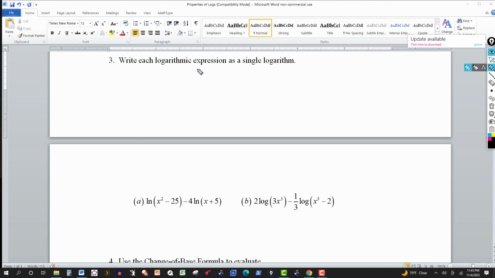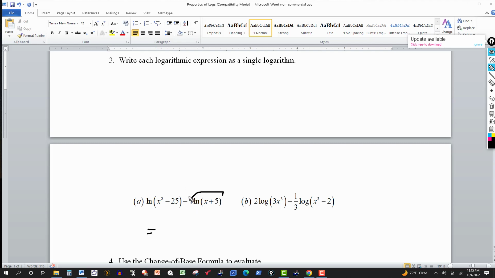Write each log expression as a single log. So here I have a difference of logs. So here's what I'm going to do. First I have to make this into an exponent. So this becomes an exponent. So let me just do it this way, just to shorten the steps, because I pretty much showed you how to do it, but here's the way it works.